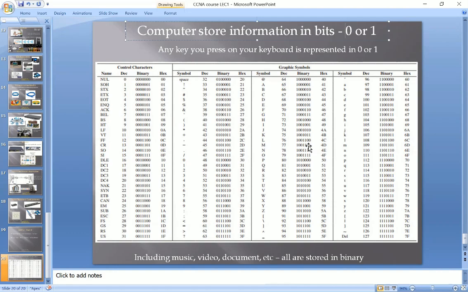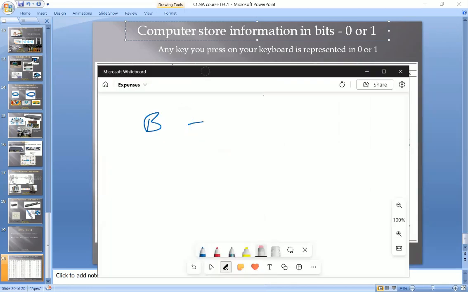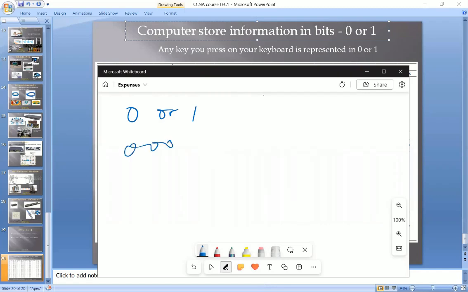So let's quickly see how information is stored on a computer. I said bits are 0 or 1, right? Imagine we have 0001100.